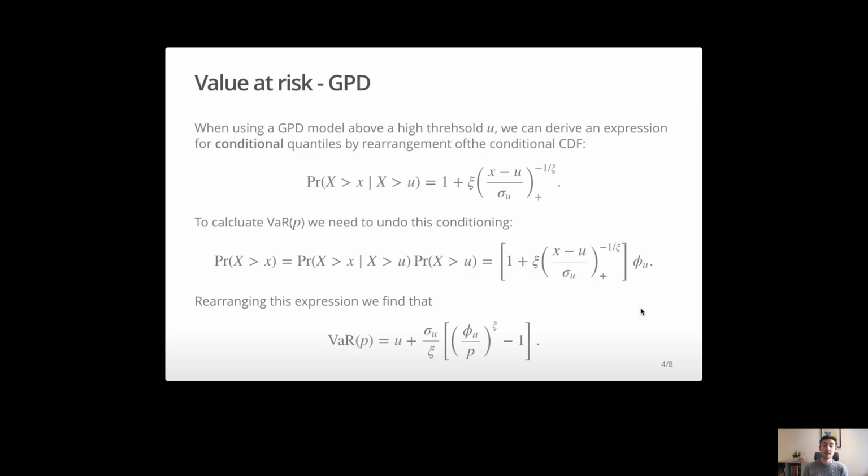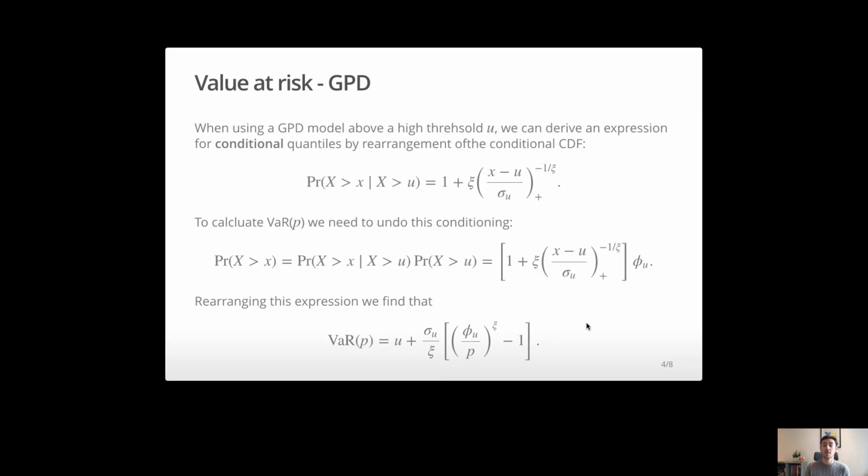And doing so, we find that the value at risk is given by the threshold plus sigma u over psi times phi u divided by p to the sigma minus 1. So here we have an expression where, again, we can plug in our point estimates for our parameter values, sigma u, psi, and phi u, to obtain a point estimate of the value at risk.